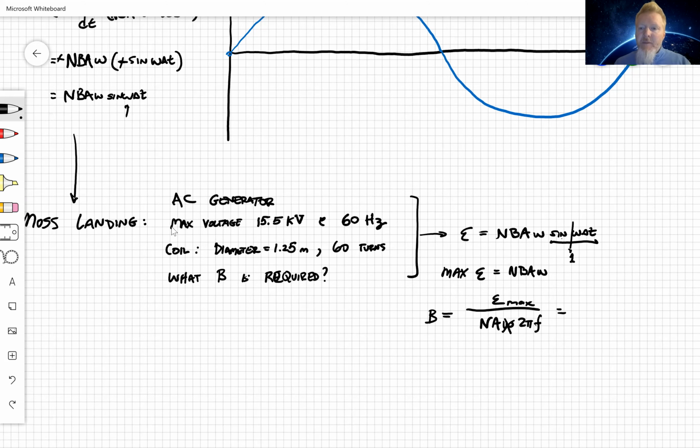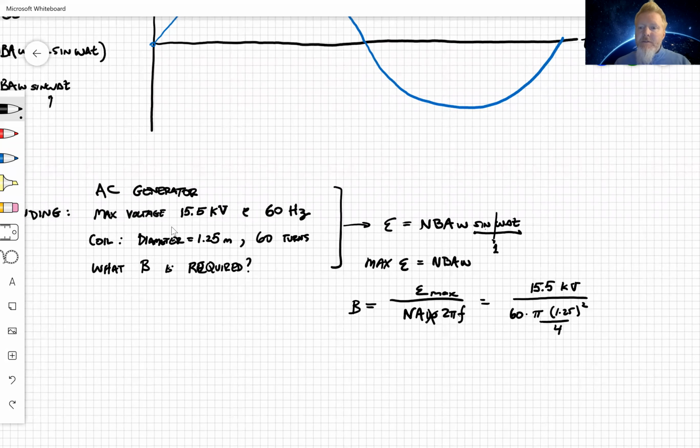So if I plug these numbers in, 15.5 kilovolts, and we've got 60 turns, an area of pi times 1.25 meters squared divided by 4, because it's a diameter, and another 2 pi and another 60.